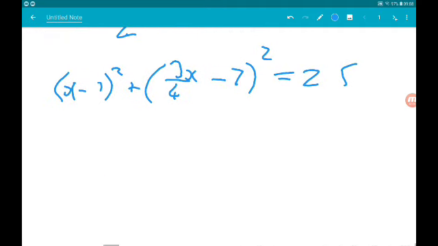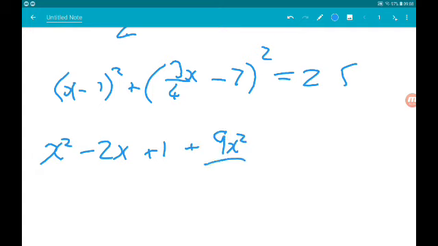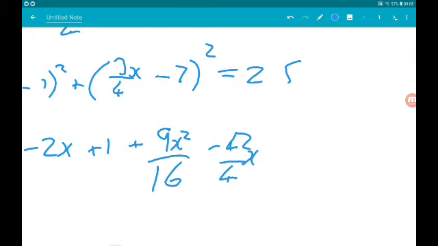Expanding the brackets, we get x² - 2x + 1 + 9x²/16, then minus 7 times 3/4 x twice, so that's minus 42/4 x, plus 49. That's all equal to 25.